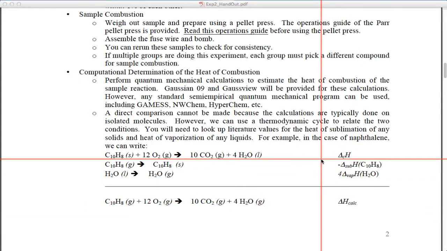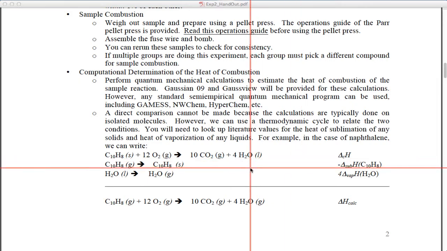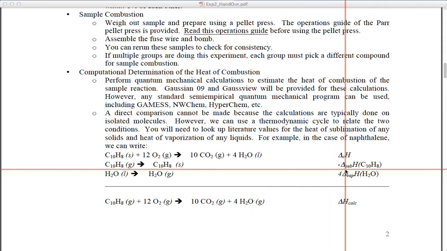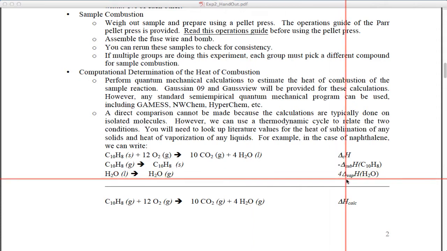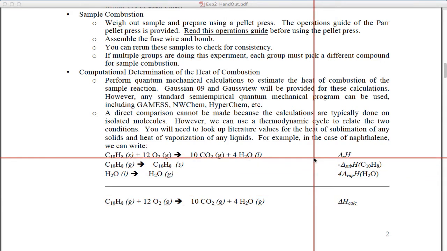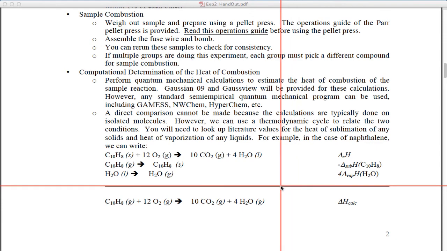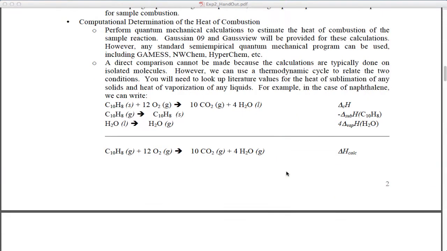What we want is the heat of combustion, which I write here. To be able to do that, we need to know the heat of sublimation for naphthalene and the heat of vaporization of water, and those can be looked up. So you can look those up, and from those numbers be able to directly compare the experimental heat of combustion to what you're going to calculate here in the gas phase. Okay, so I provide that.